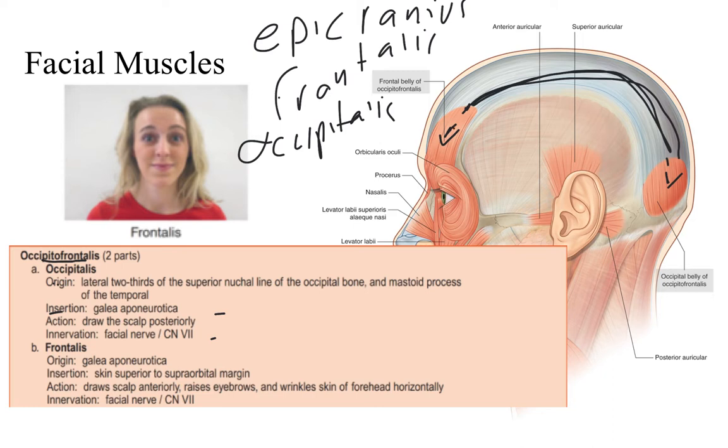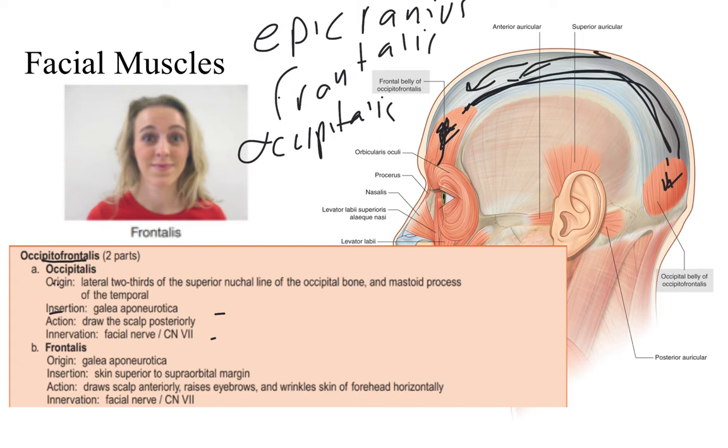When the frontalis contracts, its job is to draw the scalp anteriorly using the aponeurosis to raise our eyebrows. So pulling this way, it's going to raise the eyebrows up, and also it will wrinkle the skin of the forehead.